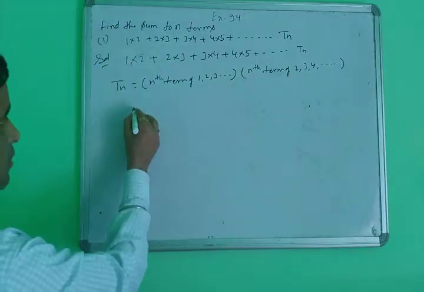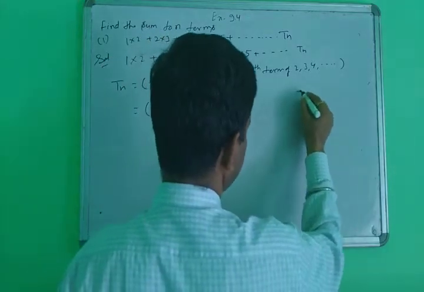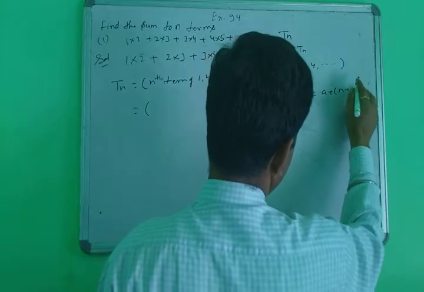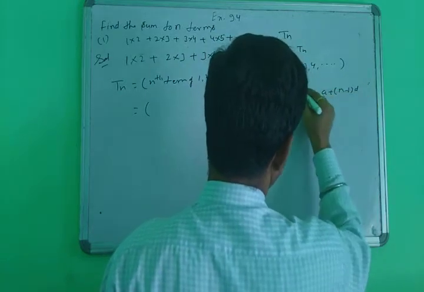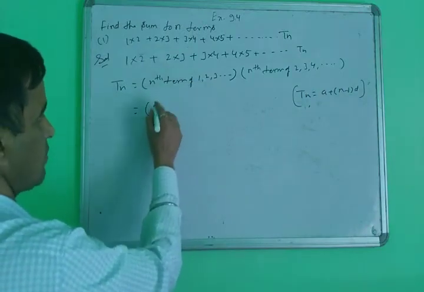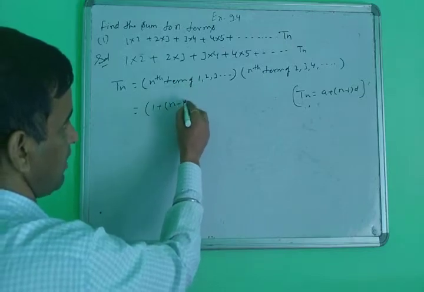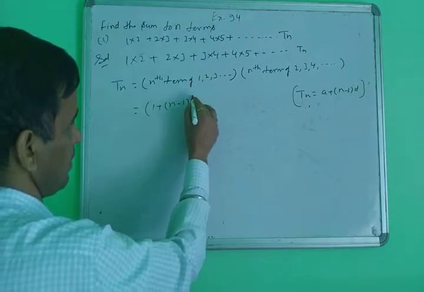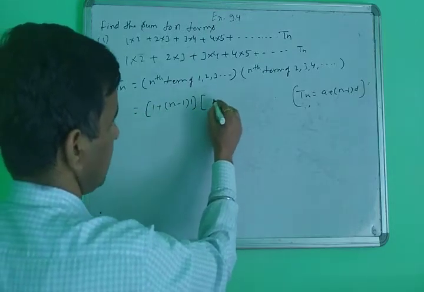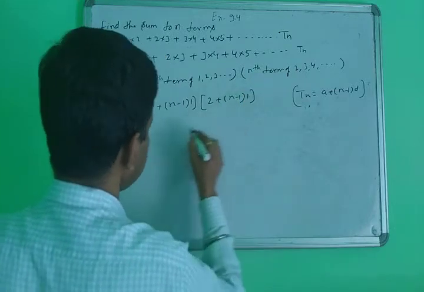Now look here. This is the formula of the nth term: Tn equals a plus n minus 1 times d, using this identity. For the first series, a is 1 and n is n minus 1. What is the value of d? It is 1. For the second, a is 2 plus n minus 1, and d is 1.